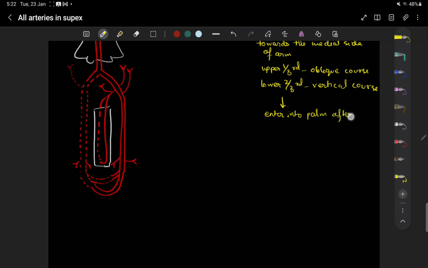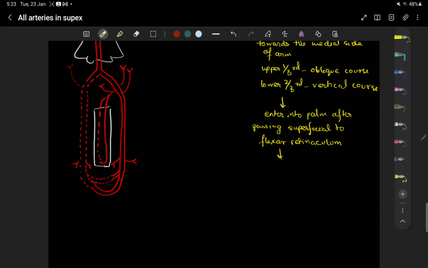After passing superficial to the flexor retinaculum, what exactly happens is that the ulnar artery and the ulnar nerve pass in a separate compartment under the volar carpal ligament. That canal is called Guyon's canal. So it is superficial to the flexor retinaculum only.